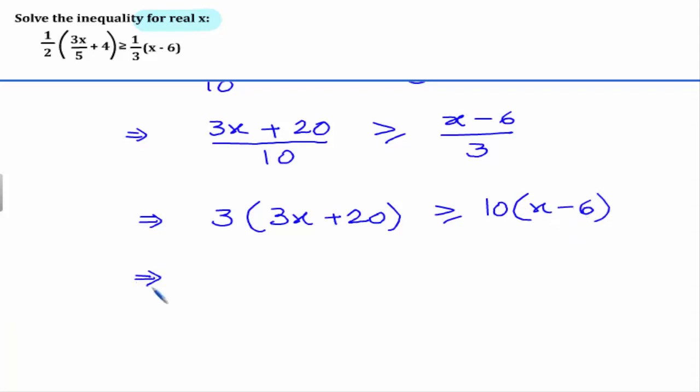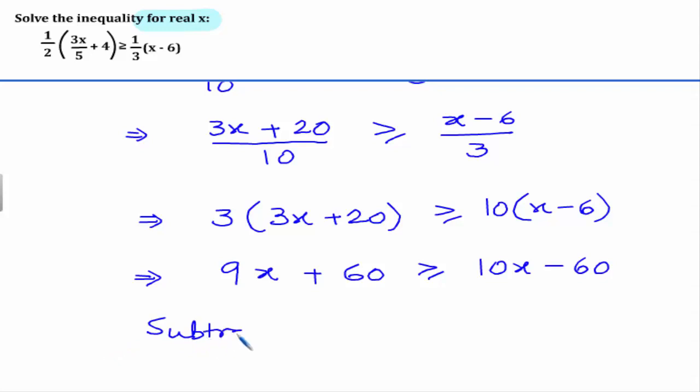Now let us multiply them and simplify. We get 9x plus 3 into 20, we get 60 greater than or equal to 10x minus 60. And now we have to see that the number should be eliminated from the left hand side. So let us subtract 60 on both sides.